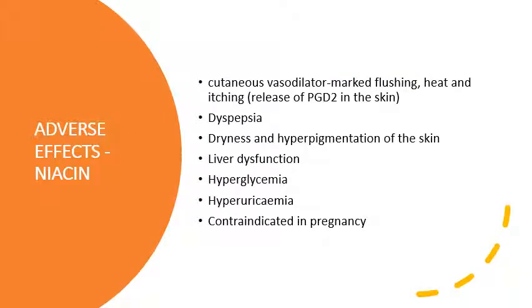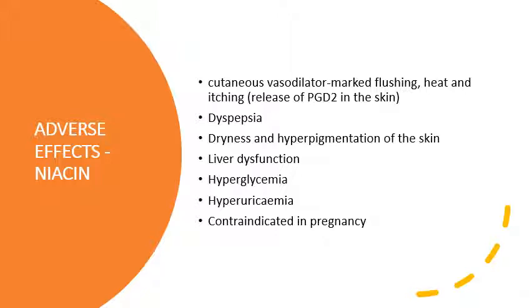The most important adverse effect of niacin is flushing. It causes cutaneous vasodilatation, which causes marked flushing, especially in the blush areas, with heat and itching. This is mainly mediated by release of prostaglandin D2 in the skin.